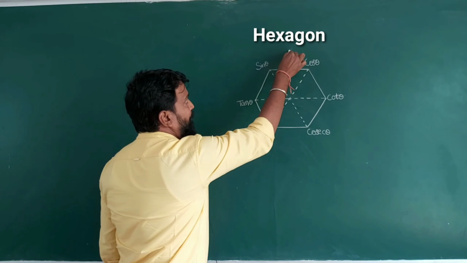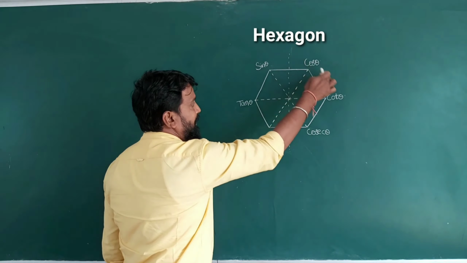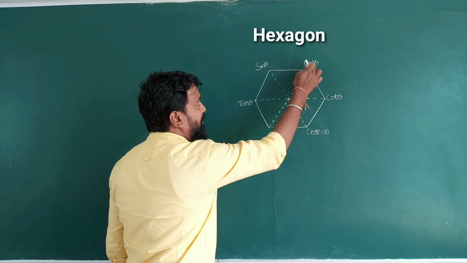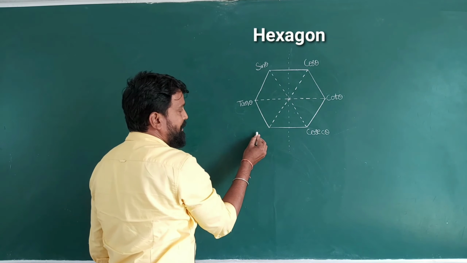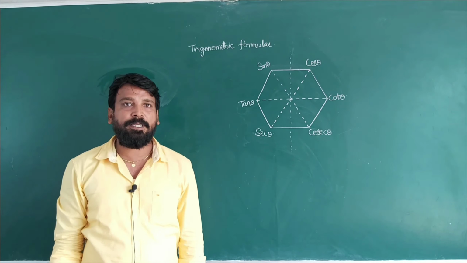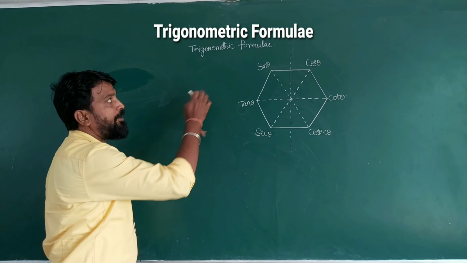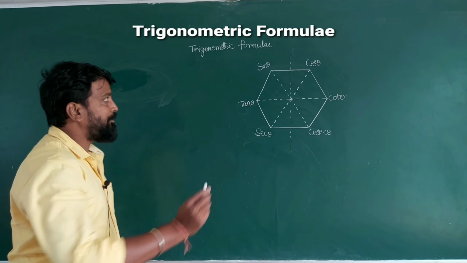So, in the second half side you can observe that all are starting with C. So the rest, reciprocal of cos theta, is sec theta. See how we can generate some trigonometric formulae from this super hexagon.